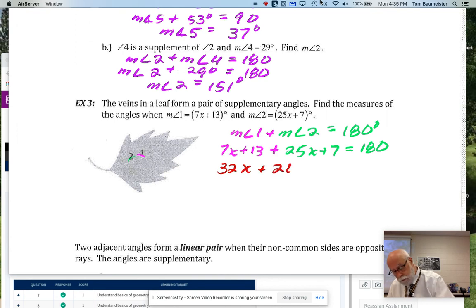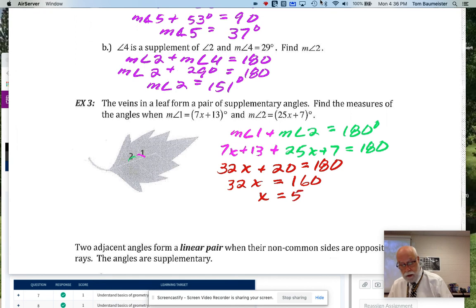And again, that equals 180. Now we're going to subtract 20 on both sides. So I'll get 32x is equal to 180 minus 20, which is 160. And now I'm going to divide by 32, and I'll get x is equal to 5.